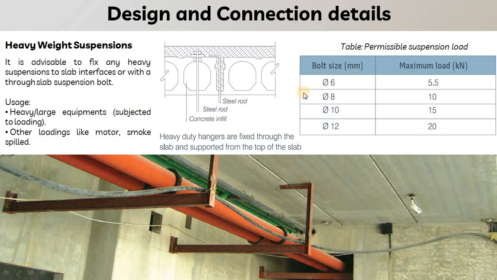So in that case we will use a special bolt connected from the top of the hollow core slab, suspended down to the bottom of the slab, where this kind of special suspension will be connected by the steel rod, and this steel rod will be connected above the hollow core slab, which will be concrete, and the concrete will give a good bonding of this rod. So there will be a good load transfer mechanism for this kind of suspension.